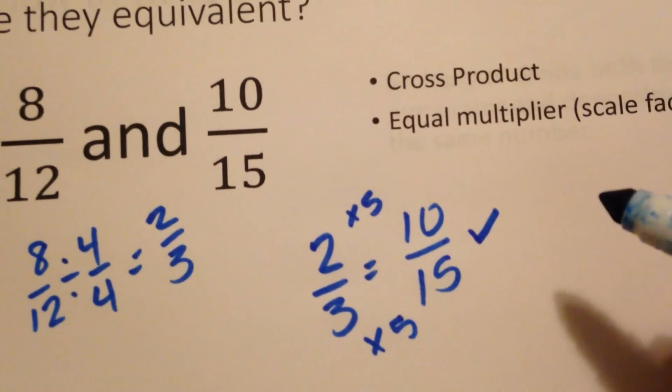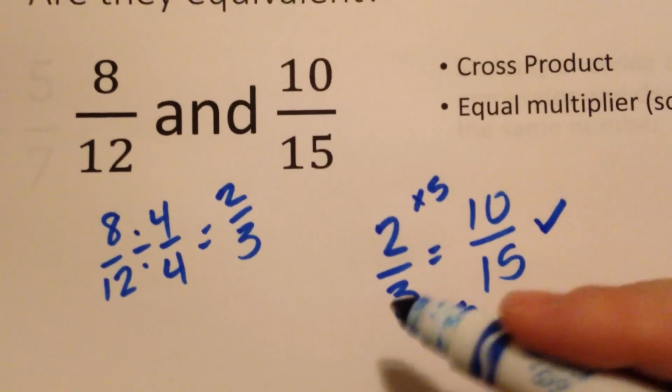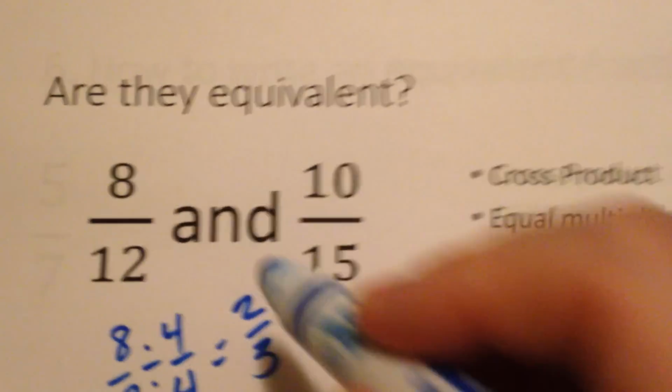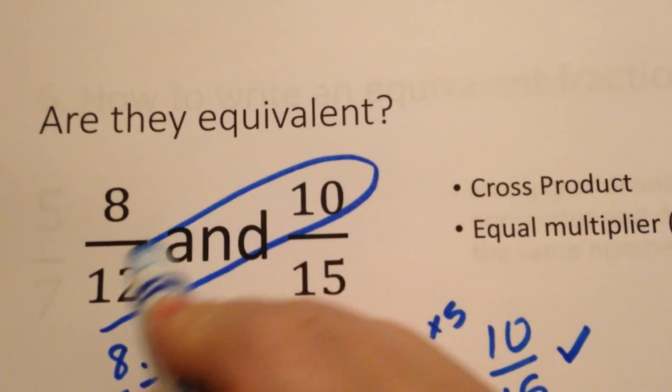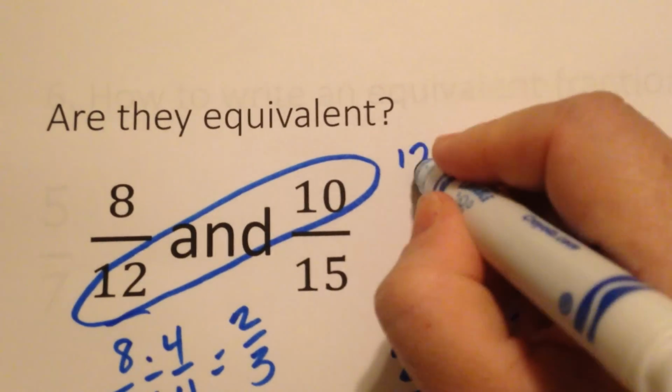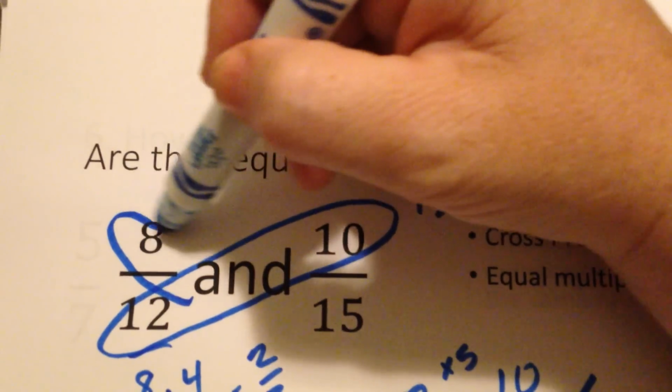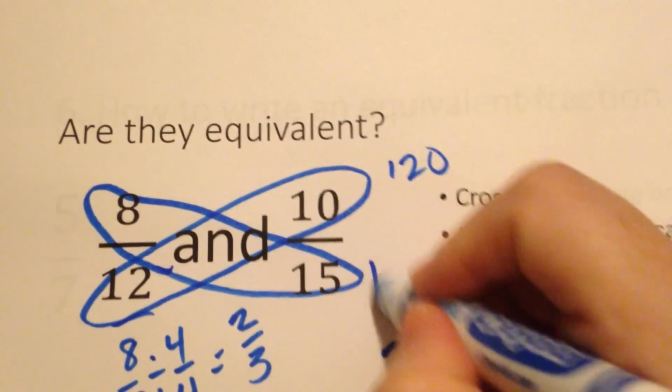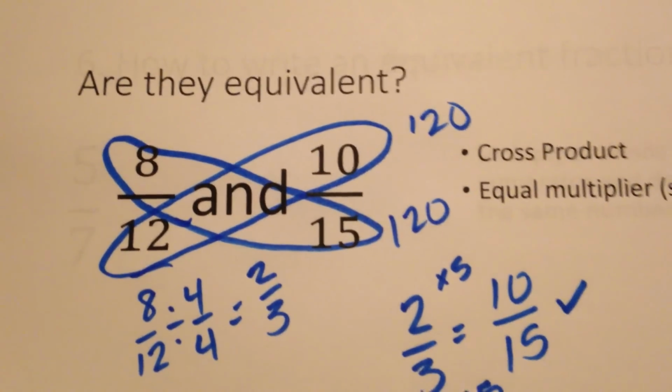That means they are equivalent. But if I don't think about simplifying, I could also still look at cross products. 12 times 10 is 120, and 8 times 15 is 120. Yes, these are equivalent.